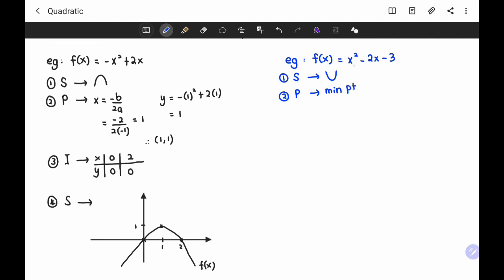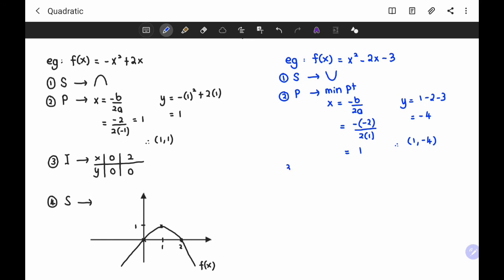The question is not in completing the square form, so we have to use the formula negative b over 2a. Negative b is negative 2 and a is 1, so we get 2 over 2, which is 1. Then substitute into f(x), so we get 1 minus 2 minus 3, so we get negative 4. So our minimum point is (1, negative 4).